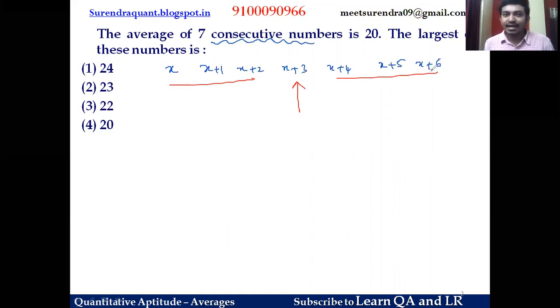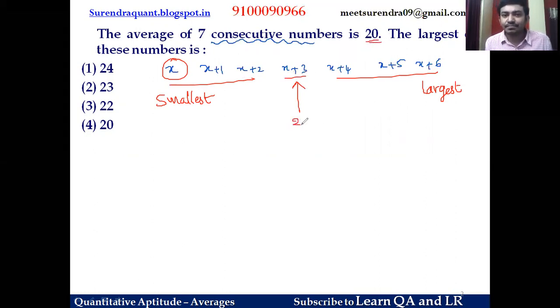Here x is the smallest number and x plus 6 is the largest number. So avoid doing sum of terms by number of terms, which is a very lengthy process. Just think that when the elements are in AP, the middle term is the average. So the middle term is x plus 3, and that is given as 20.